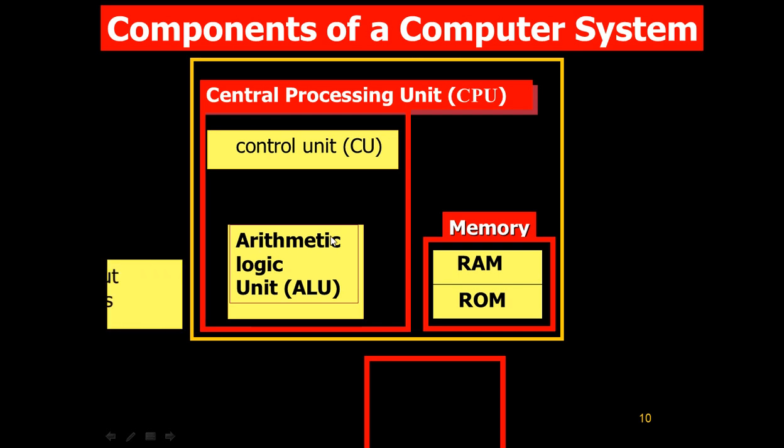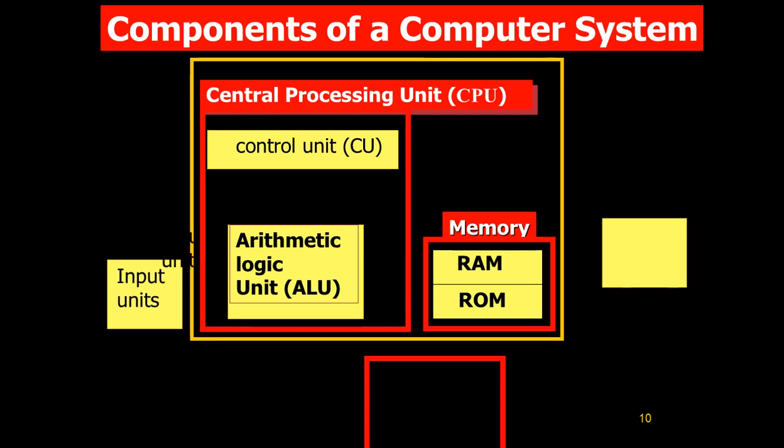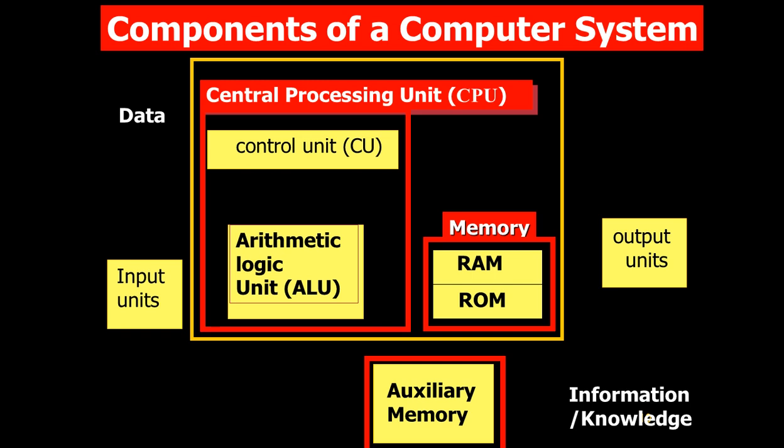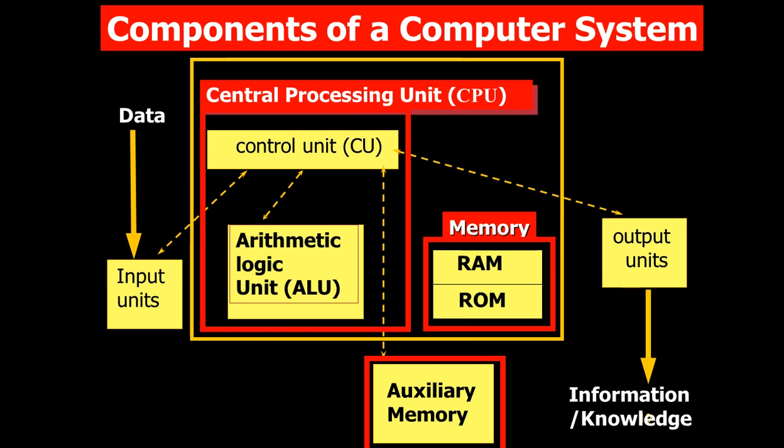Let's look at these other components which are found in the information processing cycle. Here you see exactly how data moves around. When you type A, that is your data, using an input device, that is your input.